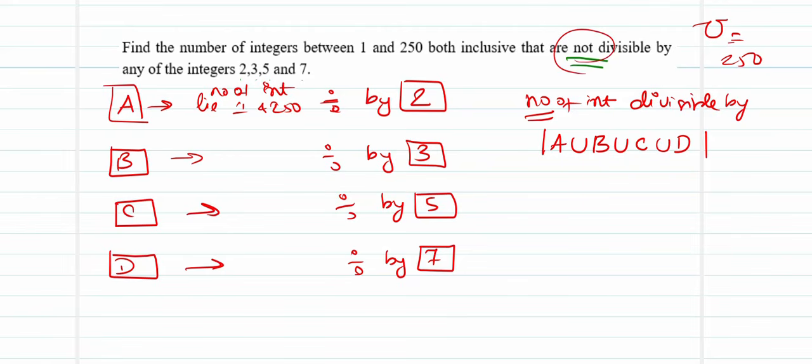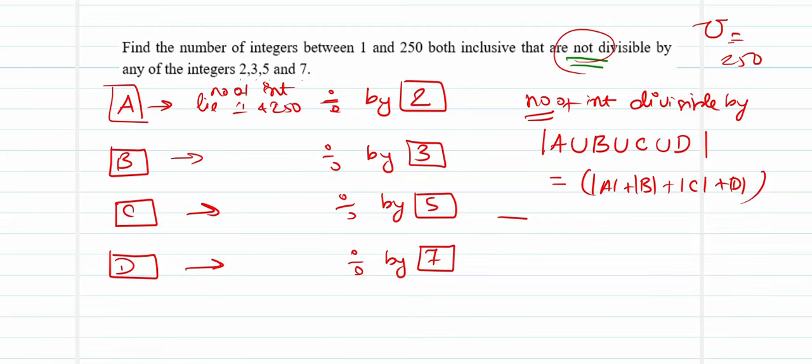So now, including the values for A, B, C, D using the principle of inclusion and exclusion, I have 4 subsets over here which are finite in nature. So the formula will be elements taken one at a time: A plus B plus C plus D. So this is elements taken one at a time. Next I will go for elements taken 2 at a time.